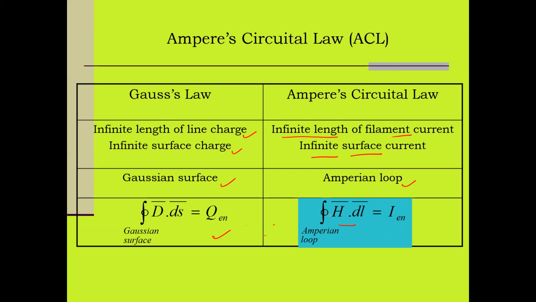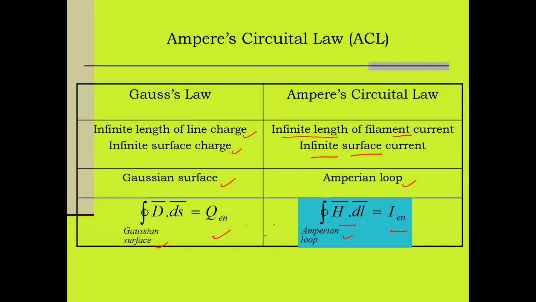H dot dl, closed loop integration, and that should be equal to the enclosed current. So we can see a difference here between these two equations. For the Gauss Law, the left-hand side is a closed surface integration. Whereas for the ACL, the left-hand side is the closed loop integration. So we have a surface integration for the Gauss Law, and we have a loop integration for the ACL.